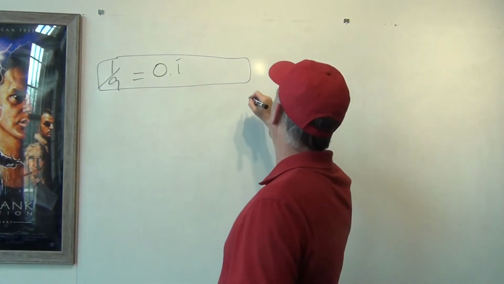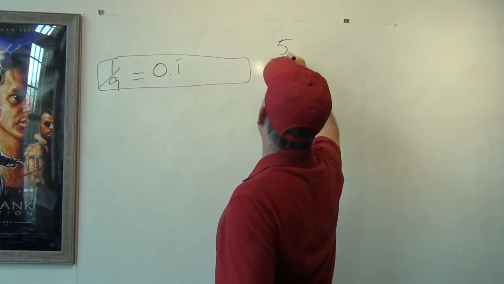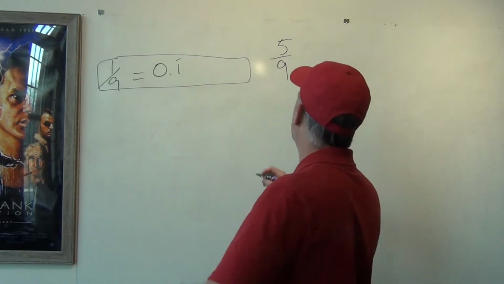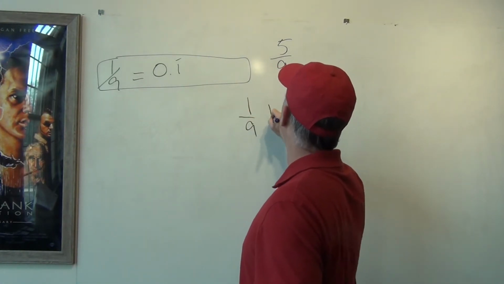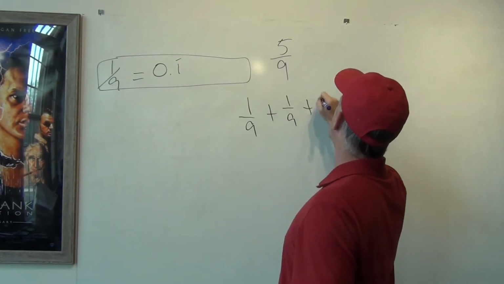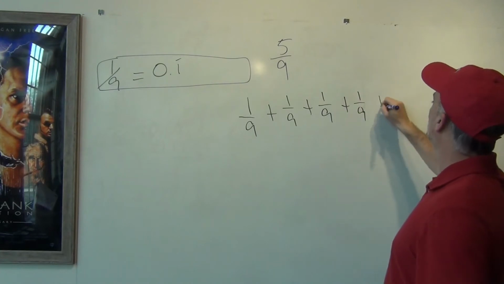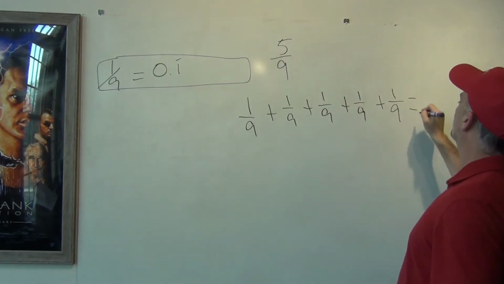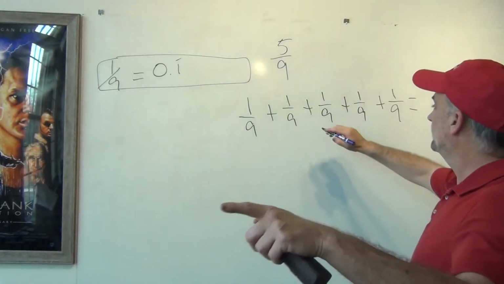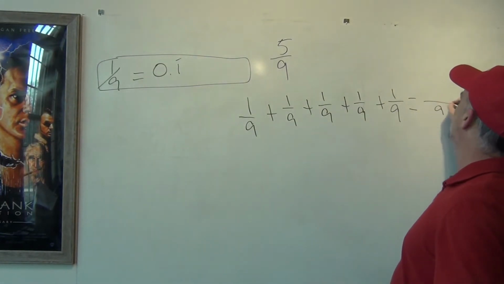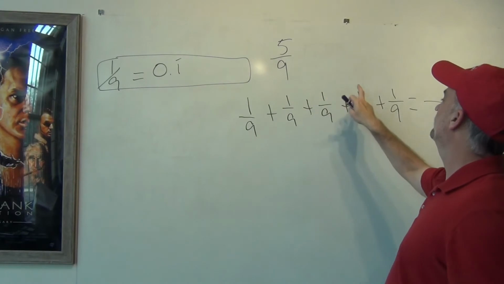Let's take 5/9, okay? Now, 5/9 is 1/9 plus 1/9 plus 1/9 plus 1/9 plus 1/9, right? Because we know that we keep the denominator and we just add the tops: 1, 2, 3, 4, 5.